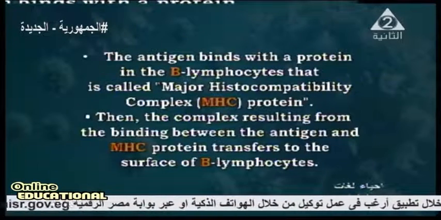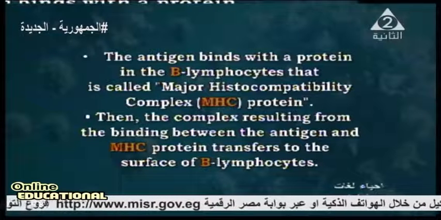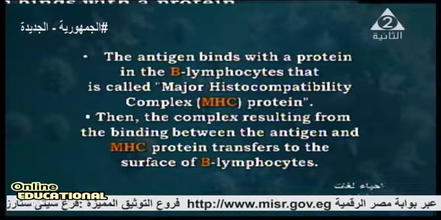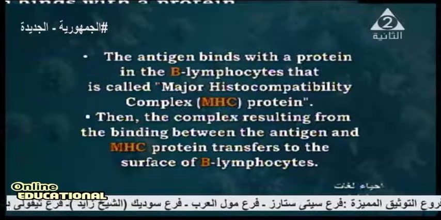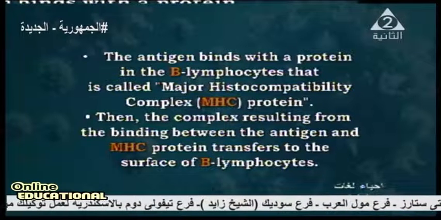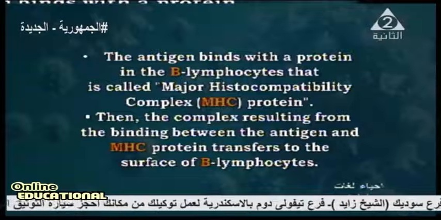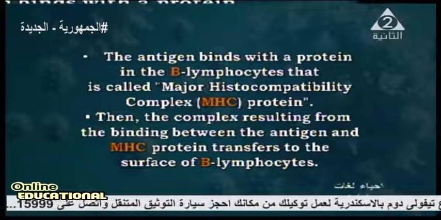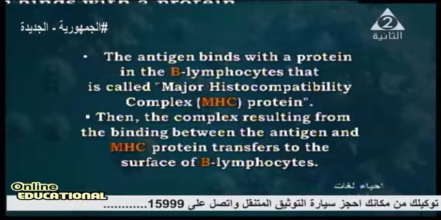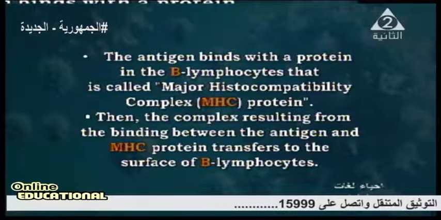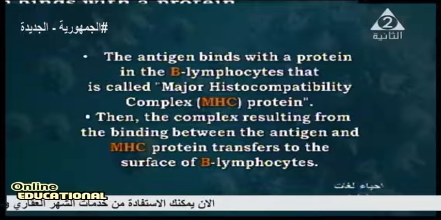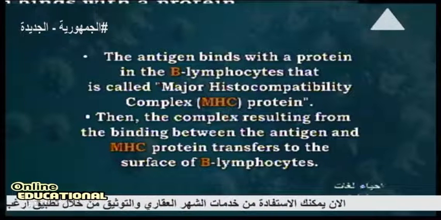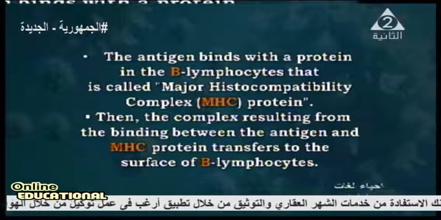Okay, the antigen binds with a protein in the B lymphocyte that is called major histocompatibility complex, known as MHC. This is the type of protein, and the complex resulting from binding between antigen and the protein is transferred to the surface of the B lymphocyte.